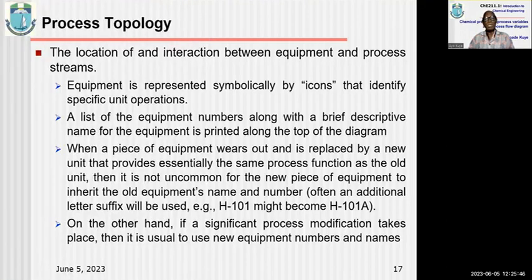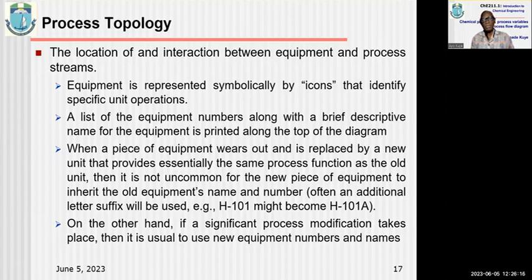The topology more or less is just the location of an interaction between the equipment and the process streams. And each equipment is represented by icons that identify specific unit operations. And then the list of equipment numbers along with a brief descriptive name of the equipment.